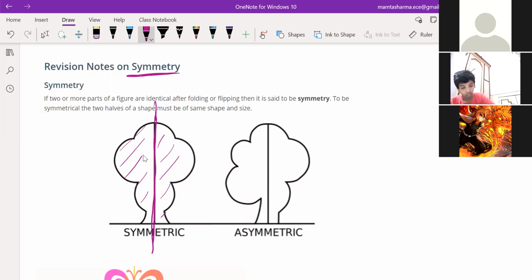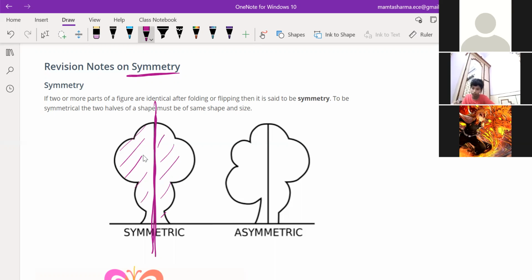So this line is dividing this figure into two equal parts. It means this figure is a symmetrical figure. There is a symmetry in this figure.